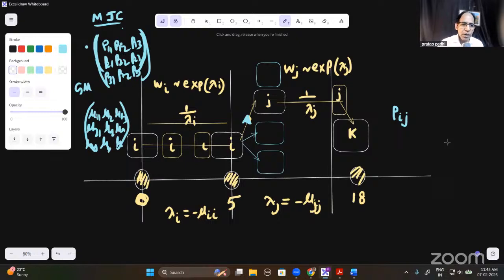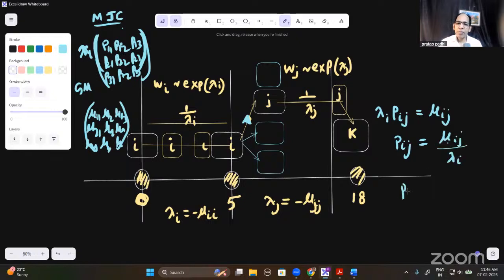Now, if you multiply these probabilities with lambda i, for example, multiply lambda I to the first row, I'm talking about the off-diagonal, then lambda I p11 must be equal to mu11. Let me write the general one: Pij multiplied by lambda I will be equal to mu ij. That means these pij will be mu ij divided by lambda I.